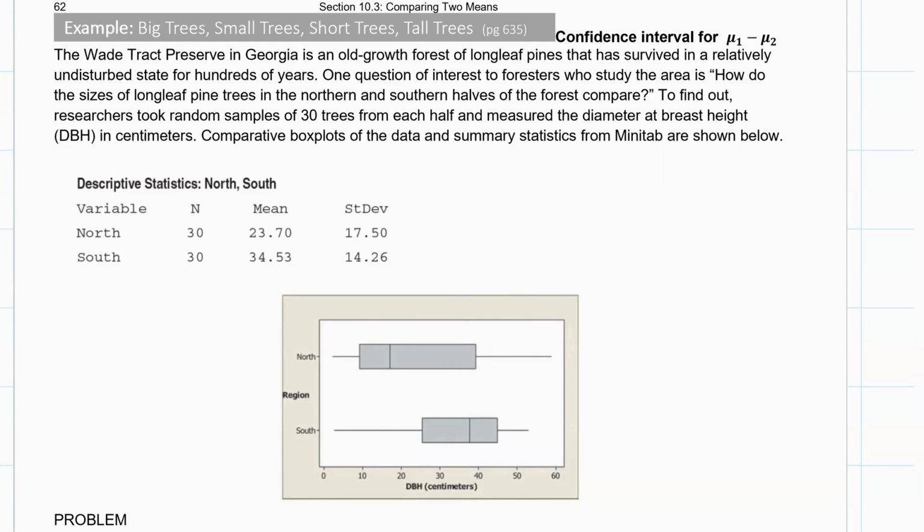One question of interest to foresters who study the area is how do the sizes of longleaf pines in the northern and southern halves of the forest compare? To find out, researchers took samples of 30 trees from each half and measured the diameter at breast height in centimeters. Comparative box plots of the data and summary statistics from Minitab are shown below.